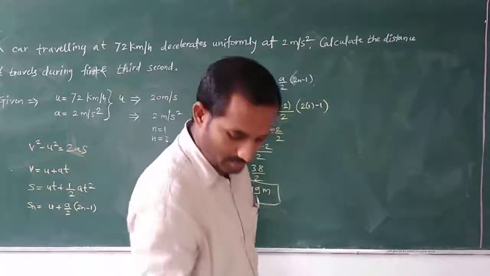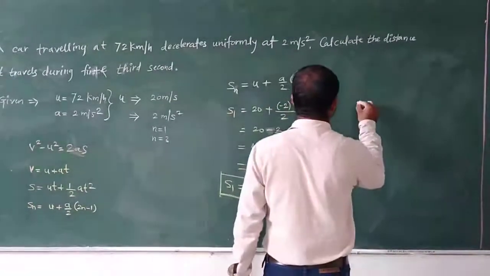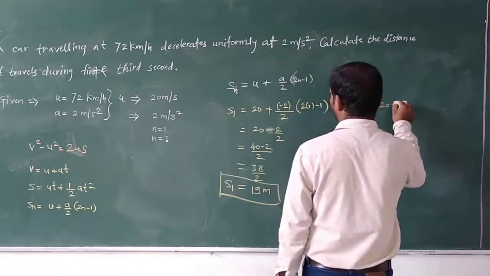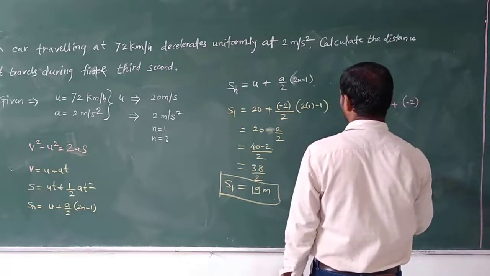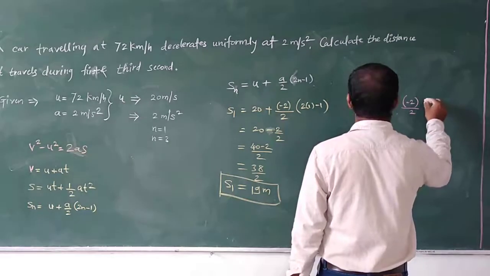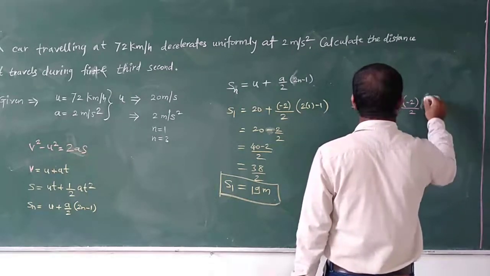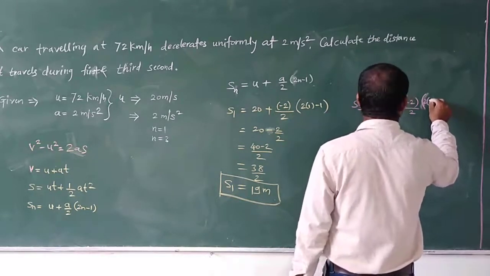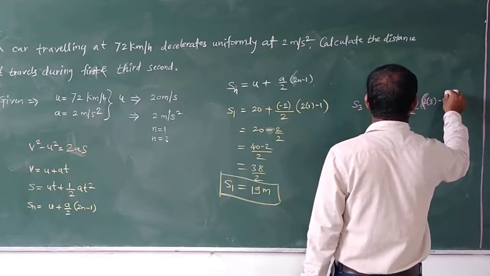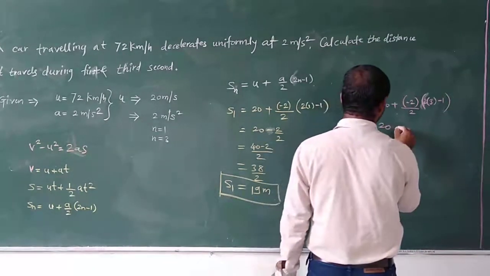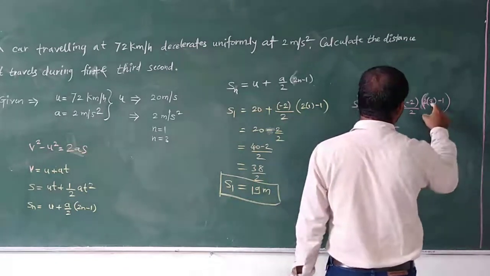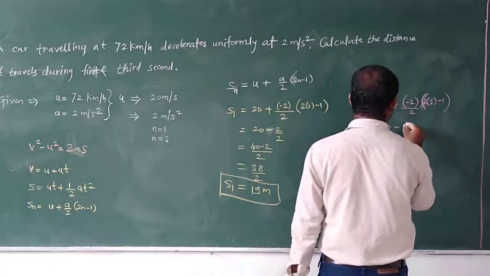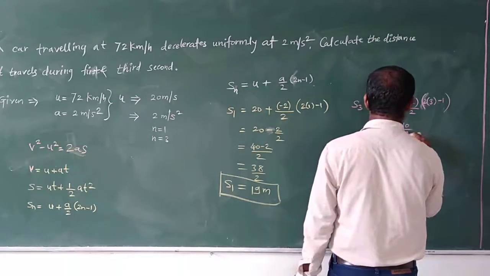Now we will find the distance during the third second. For S3 we put the values: 20 plus minus 2 divided by 2 into 2 times 3 minus 1. So it will become 20 minus 3 into 2, 6, 6 minus 1 is 5, multiplied by 2, 10 by 2.